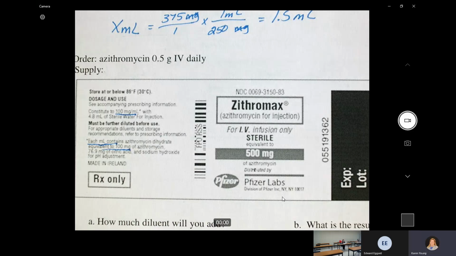How much are you going to give for one dose? Milliliters? It's okay.